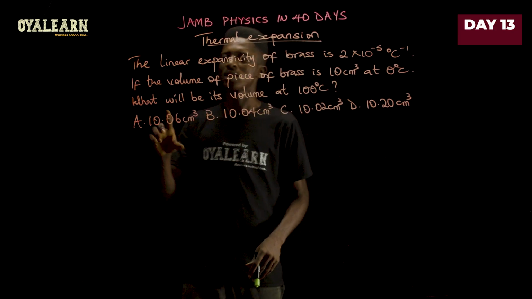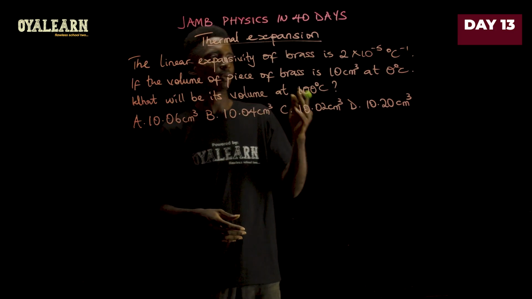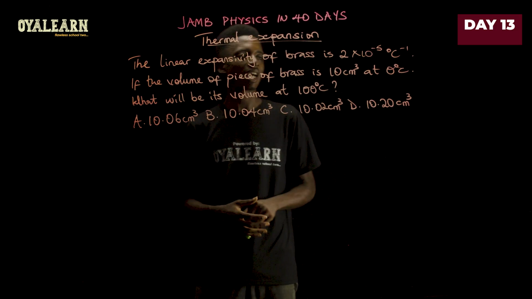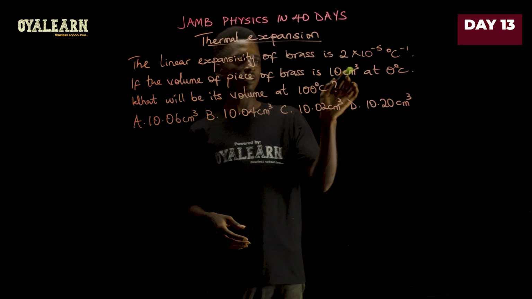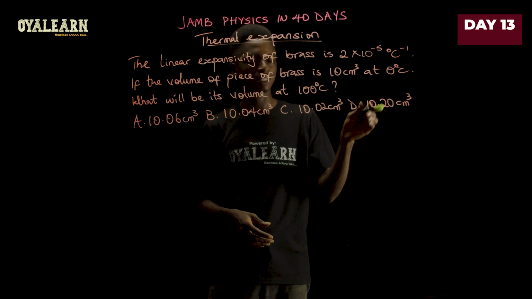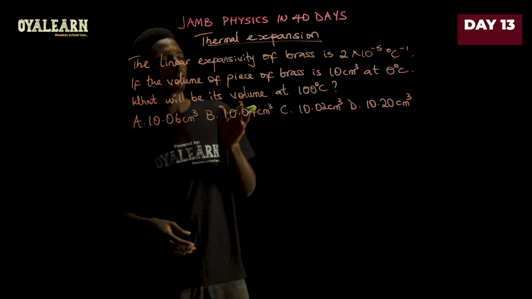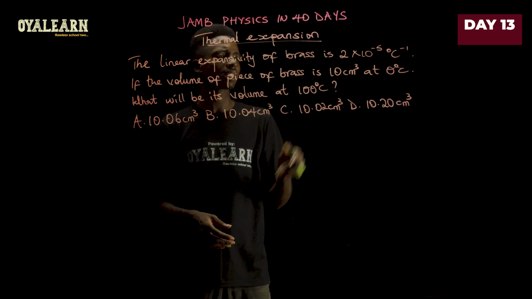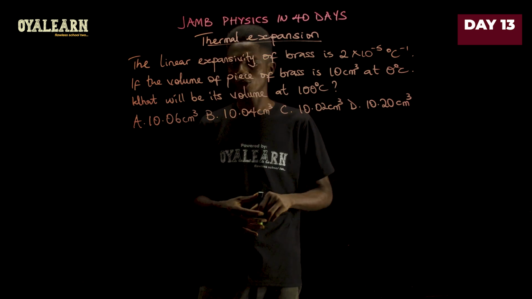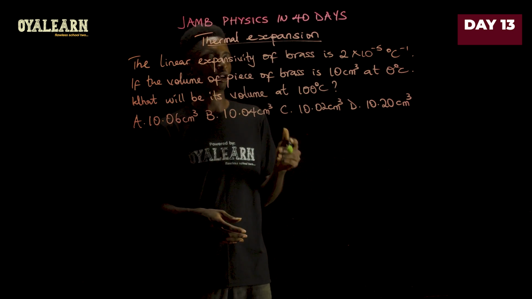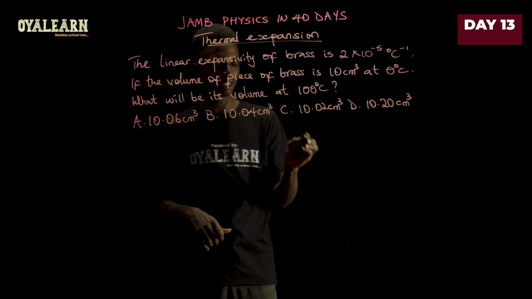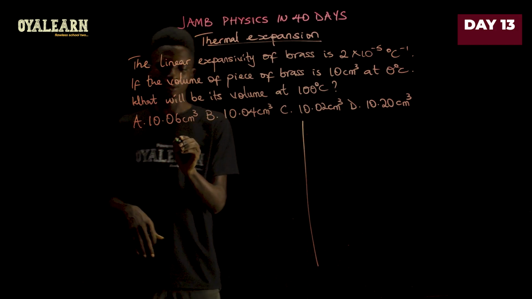This question says, the linear expansivity of brass is 2 times 10 to the power negative 5 per degree Celsius, and the volume of a piece of brass is 10 cm cube at 0 degrees Celsius. What will be the volume at 100 degrees Celsius?